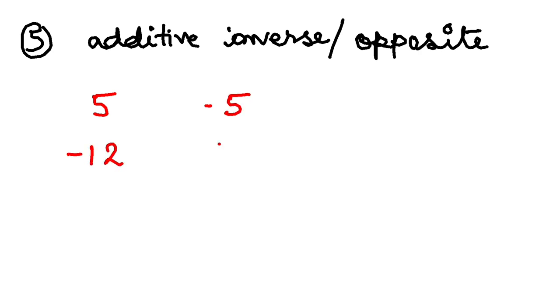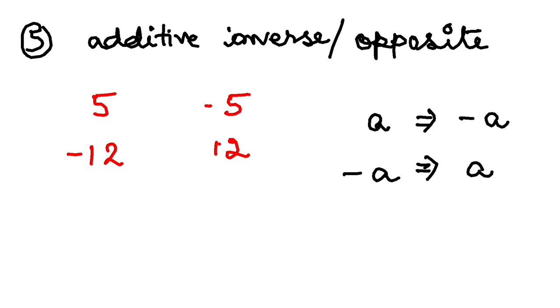The opposite of minus 12 is 12. This is nothing but your additive inverse. Very simple to understand. If a number a is there, its additive inverse is minus a. The additive inverse of minus a is a. Clear?